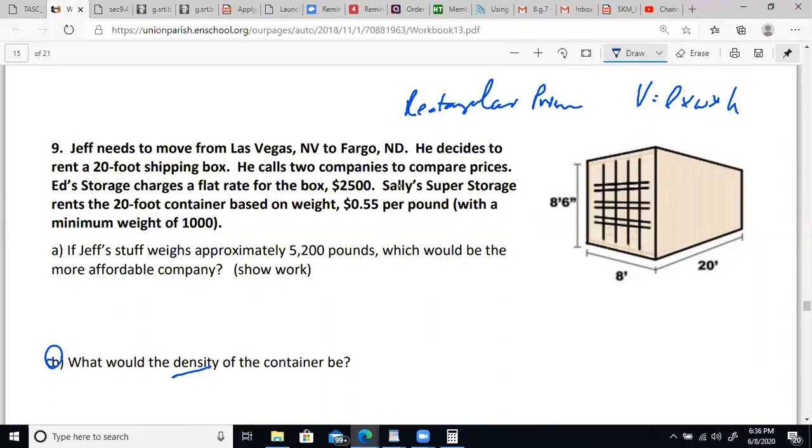Okay. So density is going to be equal to mass over volume. What would the density of the container be? Let's see here. Based on weight.